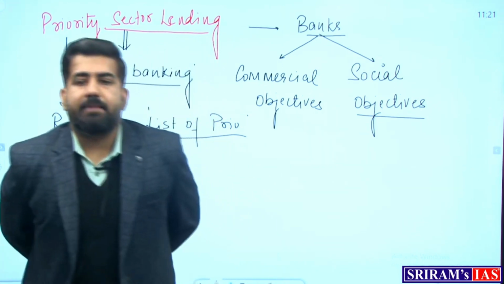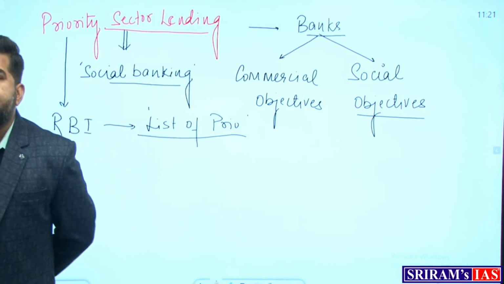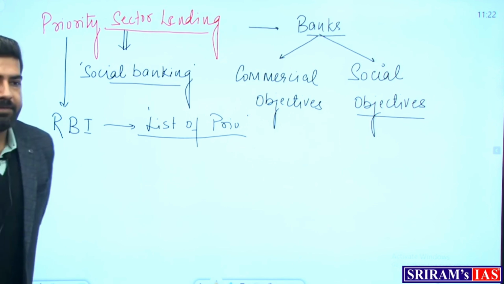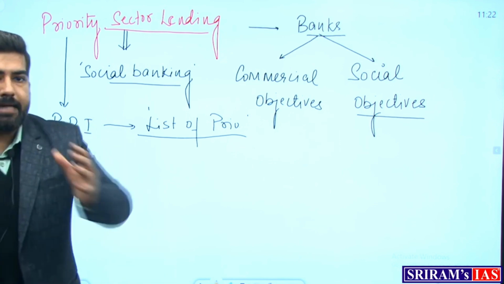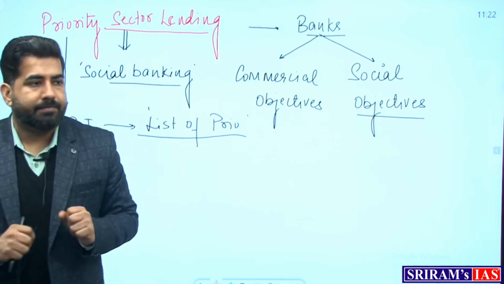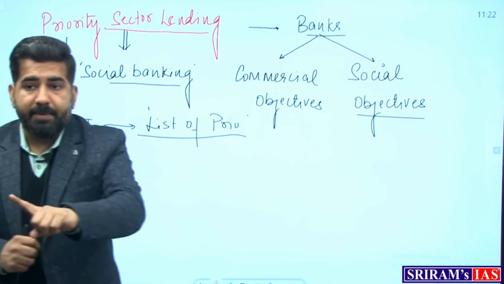If you remember, in yesterday's class I told you the PSL requirement of RRBs and of SFB, Small Finance Bank. 75% required. Look in the table. 75. Now you try to understand. See these banks, the general requirement is 40%. The general requirement that banks need to comply with is 40%.